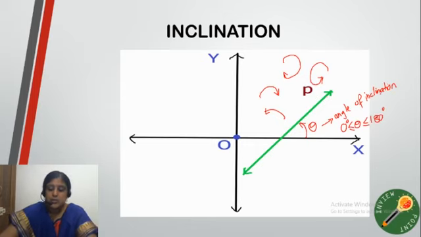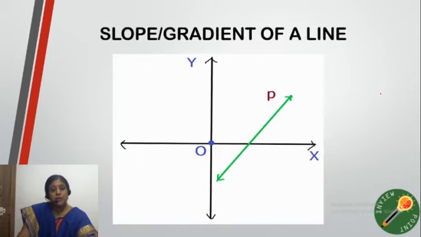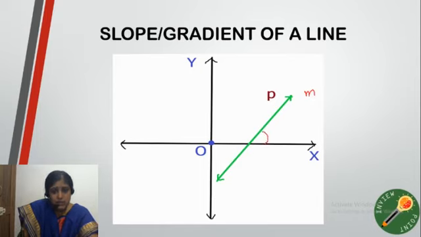Okay. So if you know the angle of inclination, then how will you find the slope or gradient of a line? See, the slope of the line is represented by the letter m. So see here, the line P makes an angle theta with respect to the x-axis.